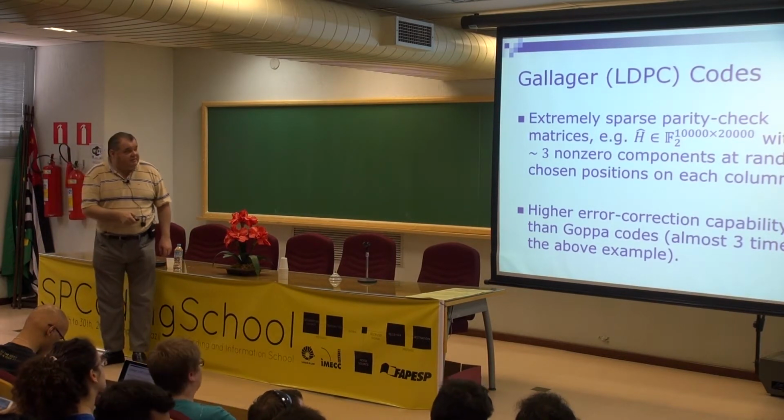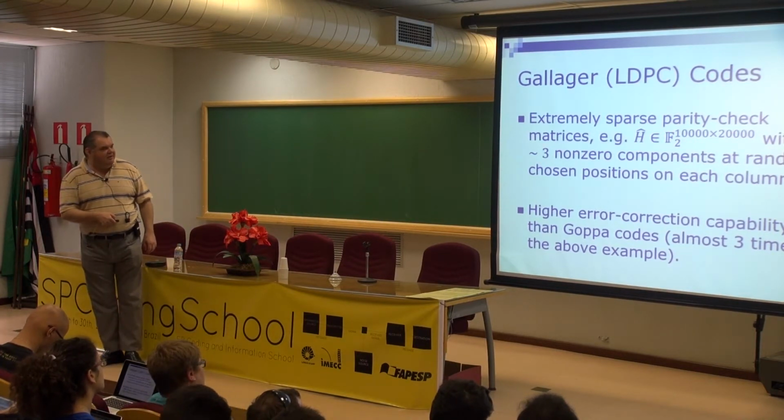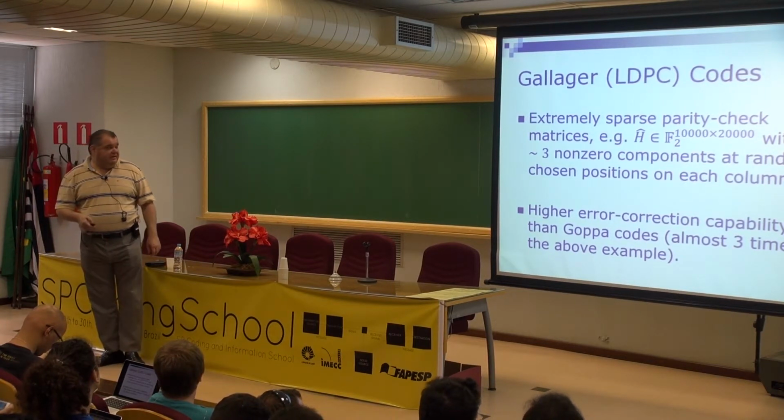For instance, a 10,000 by 20,000 matrix, having only around 3 bits on each column.